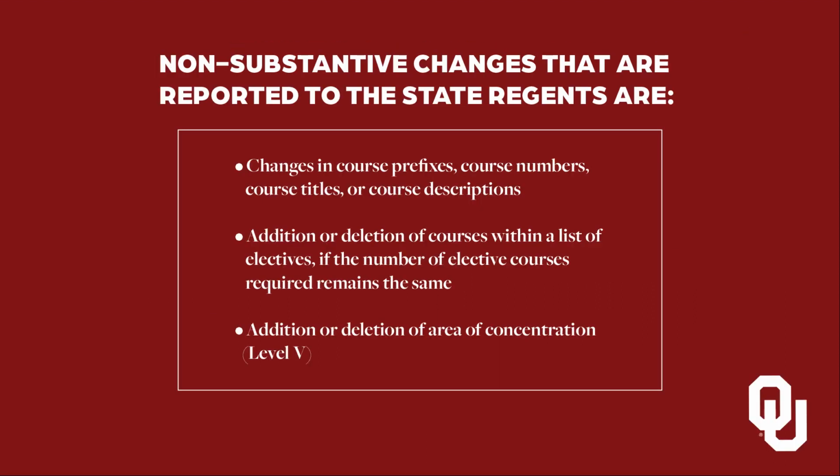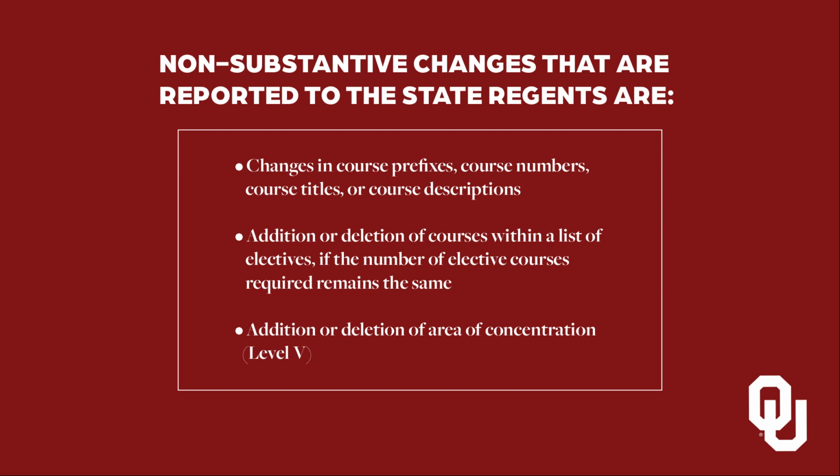Non-substantive changes do not require state regents' approval, although many of them are reported to both the OU Board of Regents and to the state regents for information purposes. Non-substantive changes that are reported to the state regents are changes in course prefixes, course numbers, course titles, or course descriptions.